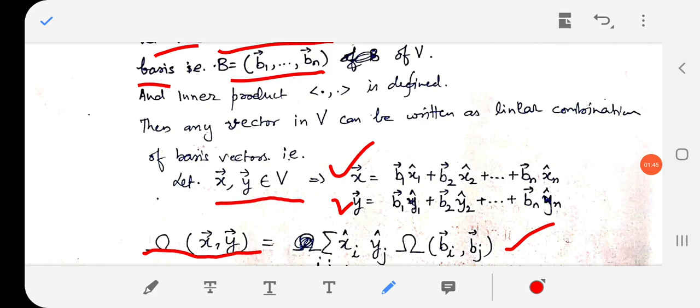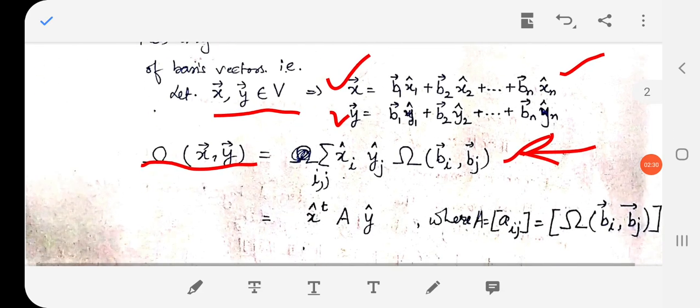You take y to be the same and expand your x vector with this particular thing, and since it is left linear, you can express it as xi hat omega b_i y, and so on and so forth. Again in the next step, if you simplify with the right linearity property of the bilinear mapping omega, you can write it like this particular expression.